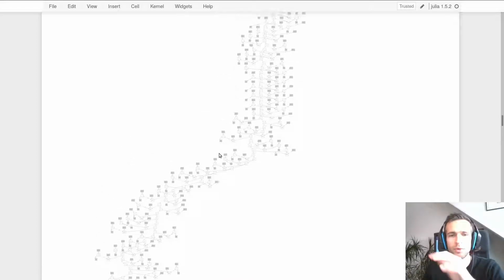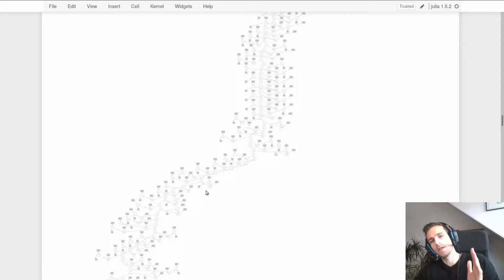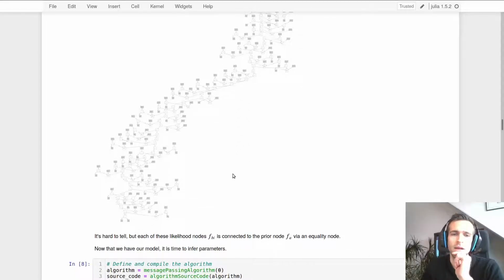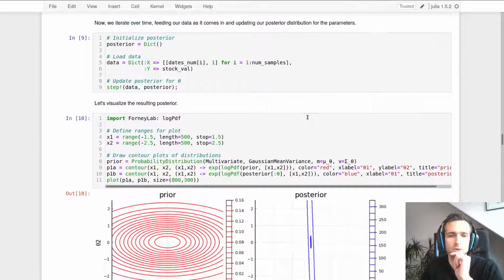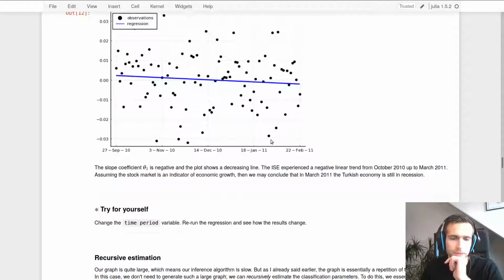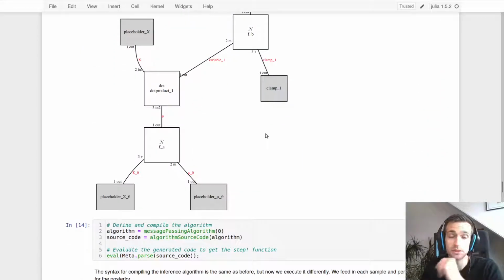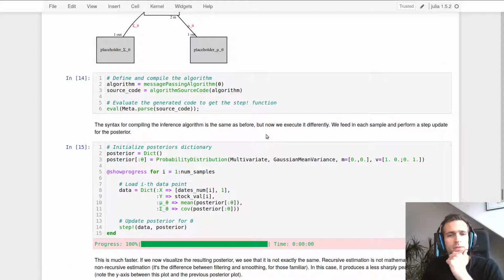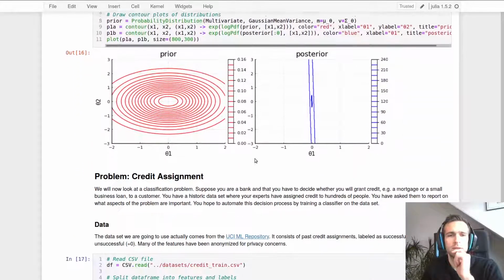Here we repeated it 100 times, but if you take the entire data set, then you're repeating that 536 times. And so Forney Lab passes messages for all edges in that graph. So that's quite a lot of computation that's occurring. And there's also a scheduler in ForneyLab internally that computes which messages have to be sent where. So that takes a while.